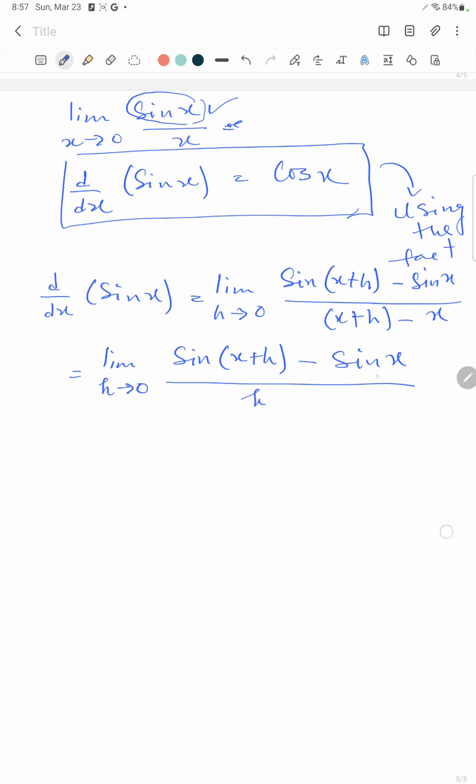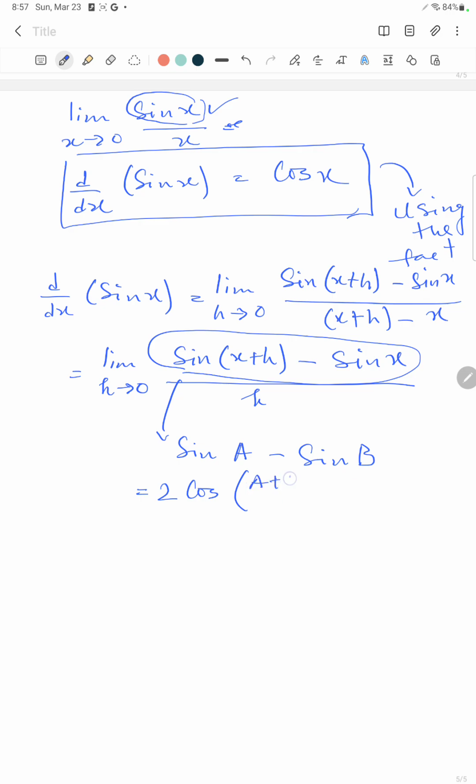Now here you can see that the numerator is of the kind sine a minus sine b. So we have a formula for that, which is equal to 2 cos of (a plus b) by 2 into sine of (a minus b) by 2.